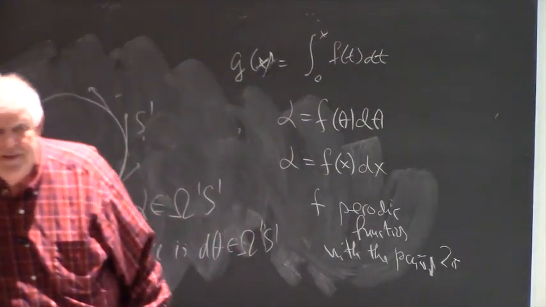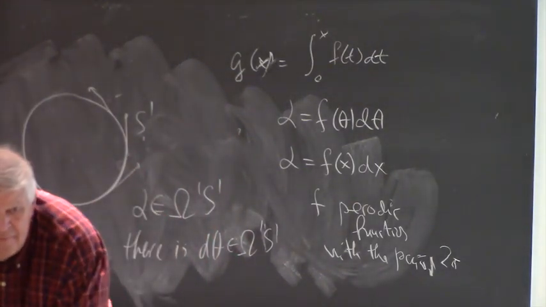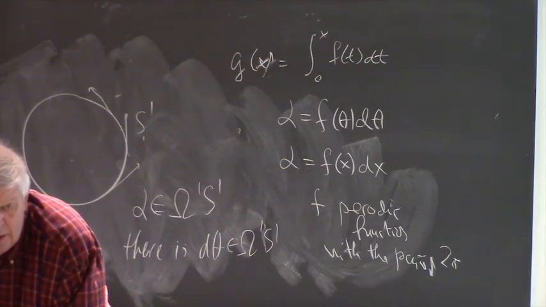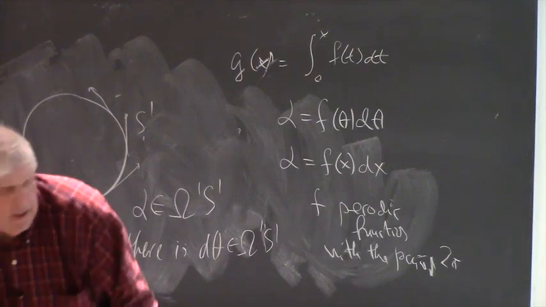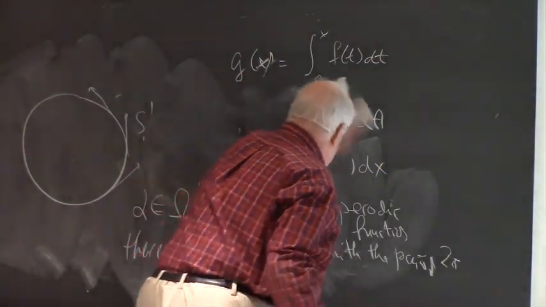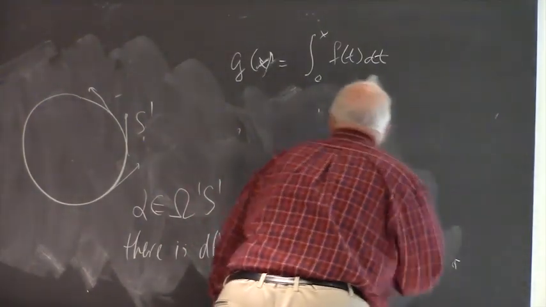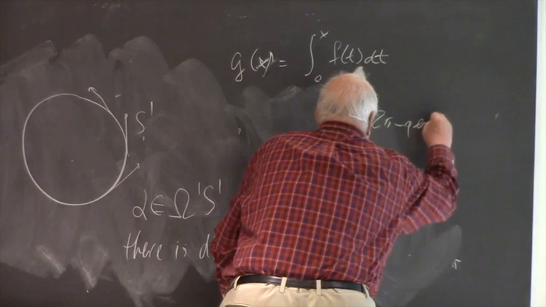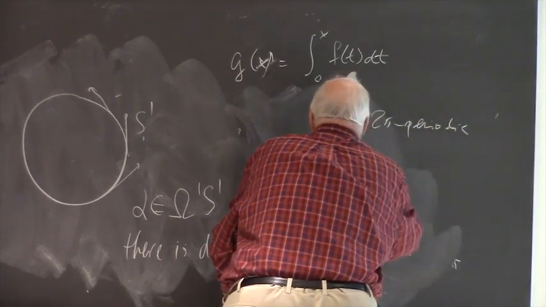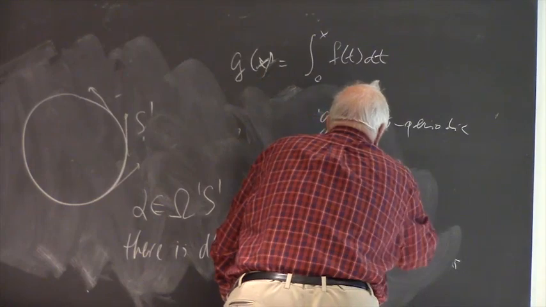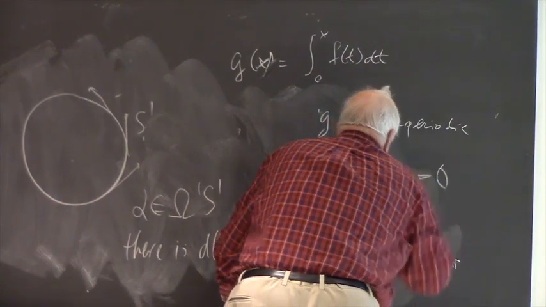The integral of f. Is this integral periodic? The answer is not always, because g is 2 pi periodic if and only if the integral from 0 to 2 pi of f is 0.